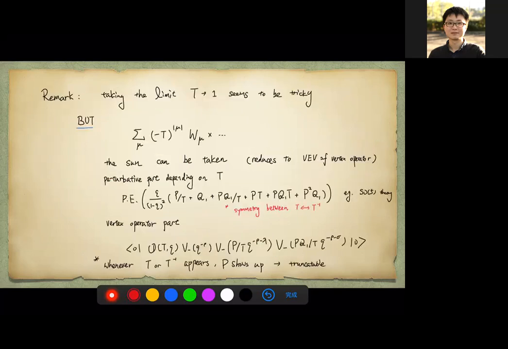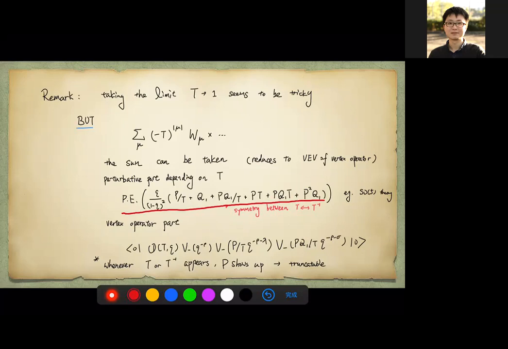One may be concerned that the t goes to 1 limit could be hard to take. But first of all, if we do the expansion using the traditional topological vertex calculation with symmetric polynomials, we can see that, for example, the perturbative part looks like this.